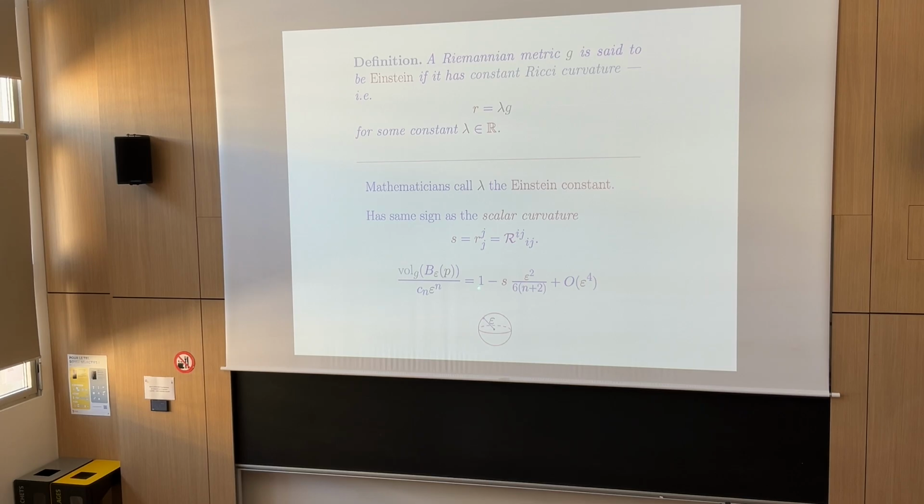At lowest order, the answer is 1, then there's a quadratic deviation, and then there are things of higher order. So for example, having positive scalar curvature would imply that a sufficiently small ball would have smaller volume than it would have in Euclidean space.